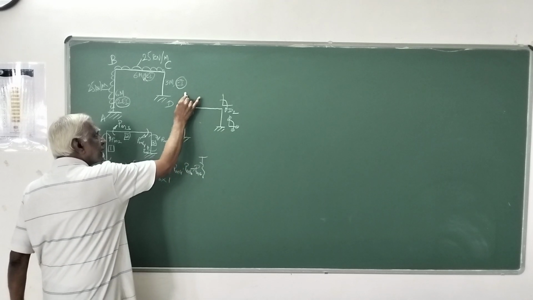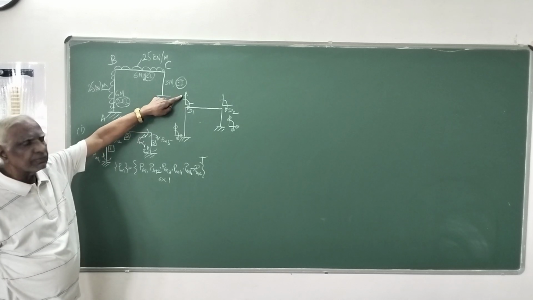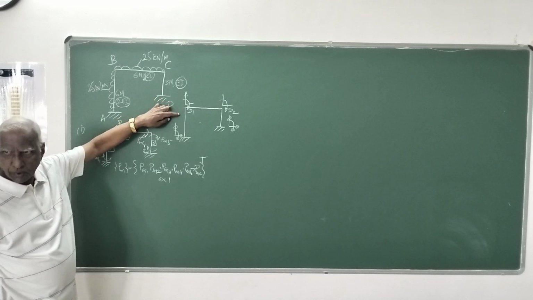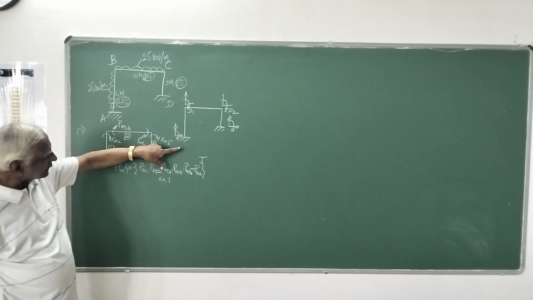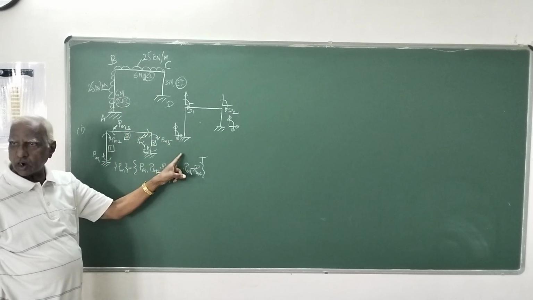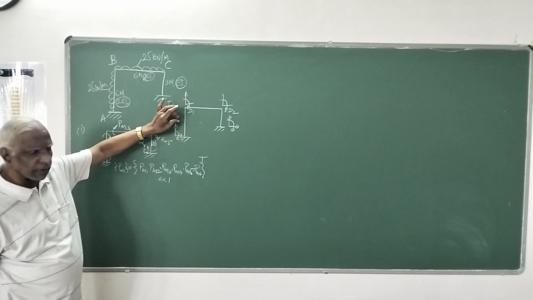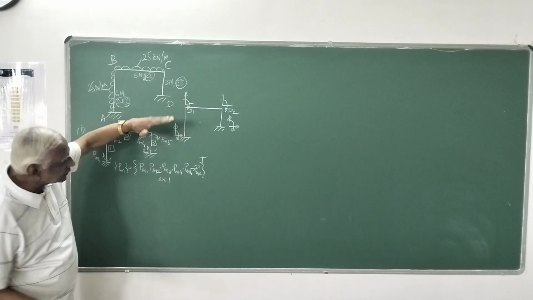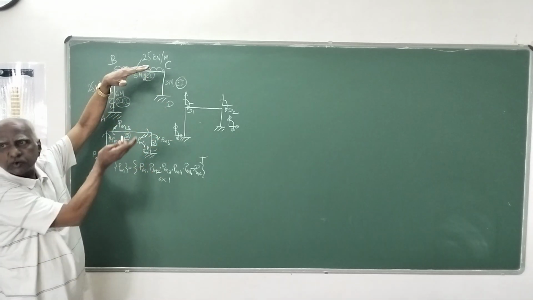Then the members are axially rigid. So the vertical displacement, it is possible at the joint B. If it moves up or down, then the other end of the member AB, that is A, should also move up or down, but A cannot move, so this also cannot move. Because I told you when members are axially rigid, it should move as a rigid body motion. Bodily it should move.